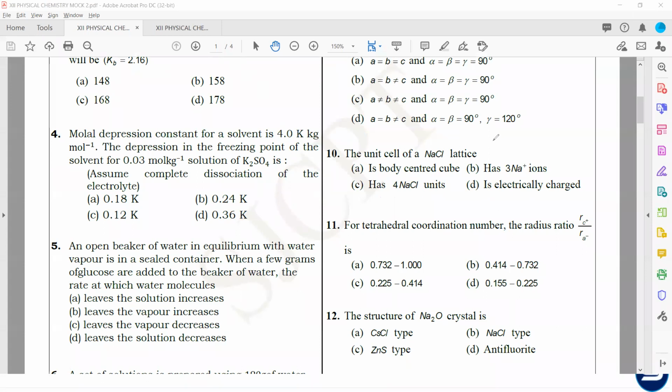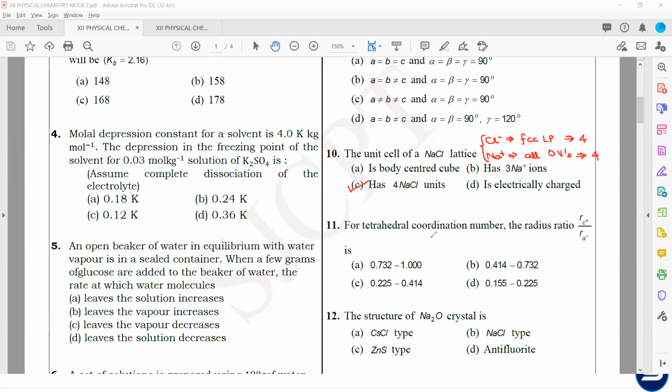FCC salt like में the Cl minus occupy the FCC lattice points, meaning at the corner and at the base centers. And Na plus occupies all the OVs, octahedral voids. The FCC lattice points correspond to 4 chloride, and all OVs for Na plus also correspond to 4 Na plus ions. So totally there are 4 NaCl molecules present per unit cell. That's why the Z value for NaCl type of solid has to be taken equal to 4.